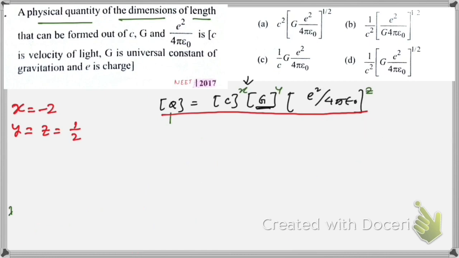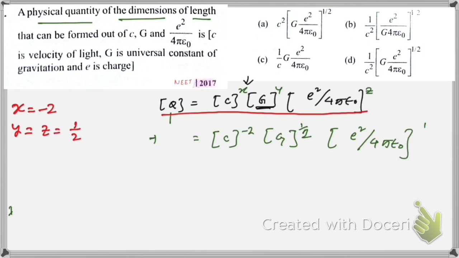Okay. So if you put the values of x, y and z, then what you will get is c to the power minus 2 and G to the power half and e square by 4 pi epsilon naught, that's going to be equal to half.